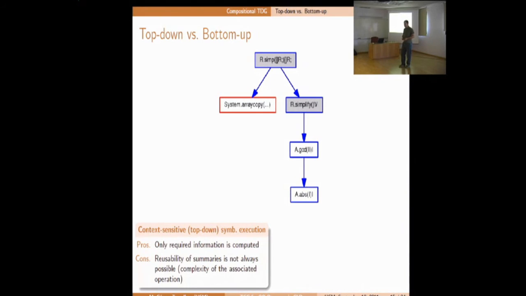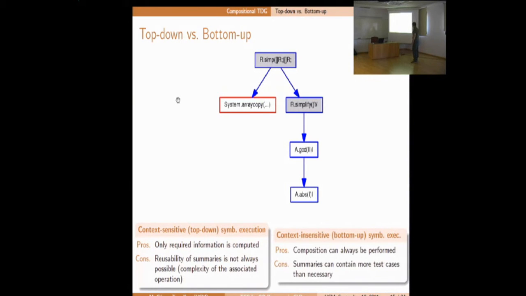You do the symbolic execution separately for it, but for this particular context. In this case, only the required information is computed. But we cannot always reuse the summaries, because suppose that we are calling the same method in another path. It can happen that at this point you have some constraints that are not fulfilled in the other path, so you cannot reuse these results. This is why it is called context sensitive.